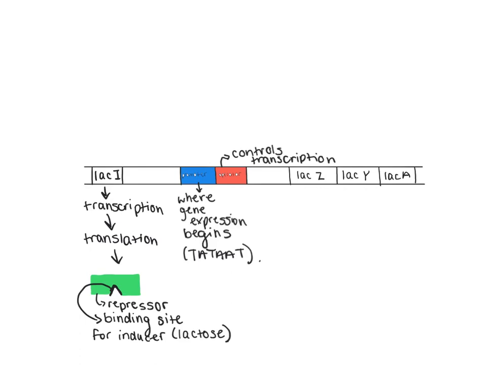The operator plays a huge role because it is where the repressor protein is going to bind, and depending on whether that repressor is bound to the operator or not, transcription will occur or not occur for Lac Z, Lac Y, and Lac A. The reason that the operator and the promoter are so close together is because if this repressor is attached to the operator, then RNA polymerase is too big and it can't attach onto the promoter. It blocks the RNA polymerase from attaching to the promoter. So their location is important on this strand of DNA.